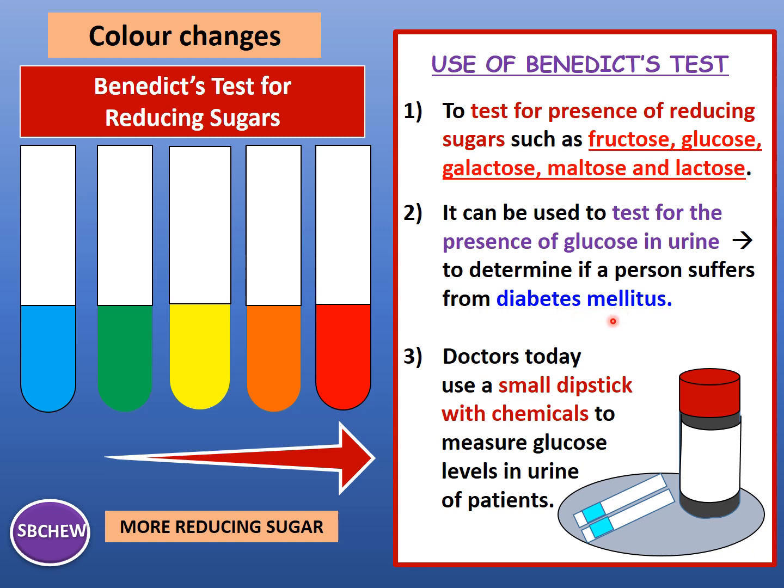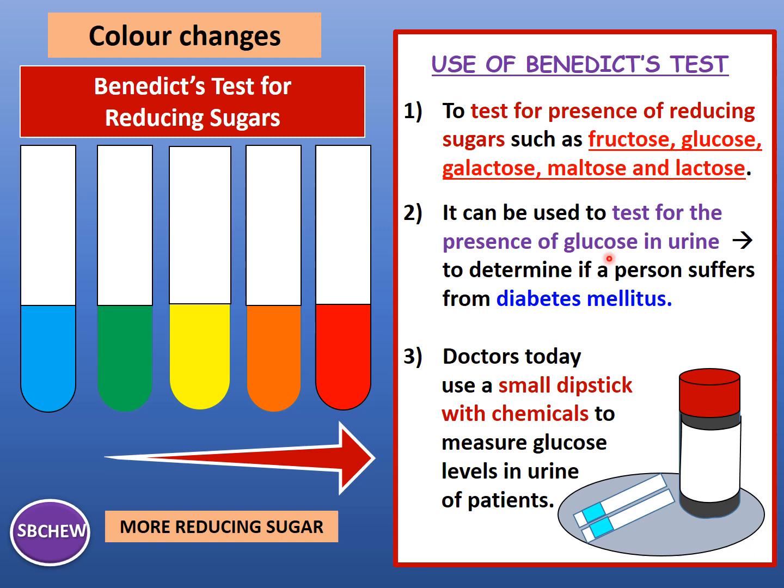Diabetes mellitus is a disease where the person has an excessively high level of glucose in the blood, and thus the glucose is excreted in the urine. For normal people, their urine does not contain any glucose. But for a person suffering from diabetes mellitus, his urine will contain glucose.